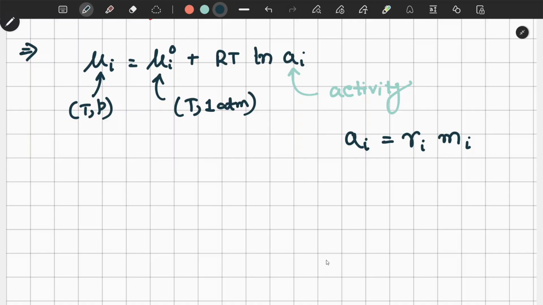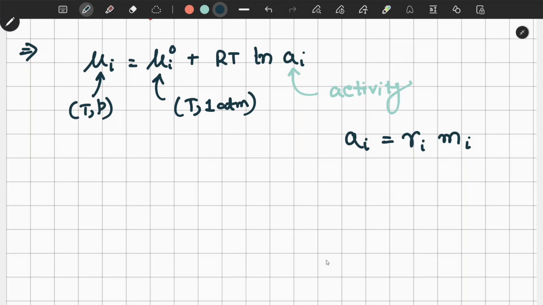It can be molar, can be molal, can be anything, but here we are considering molality. You can consider anything, but if you consider a different thing, this gamma will be different, right?